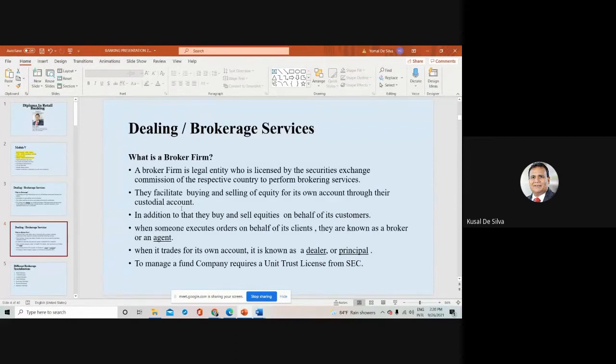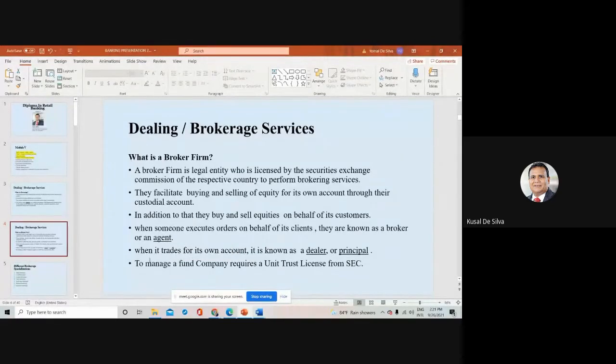When someone executes orders on behalf of his customers or clients, they are known as a broker or an agent. It is very important. Broker and agent are one and the same.